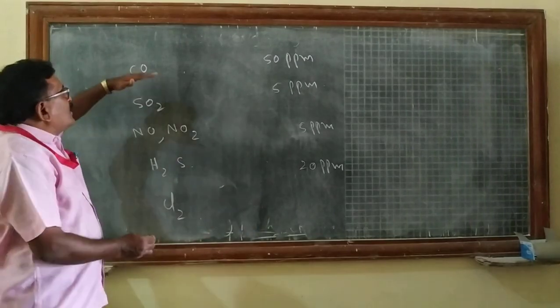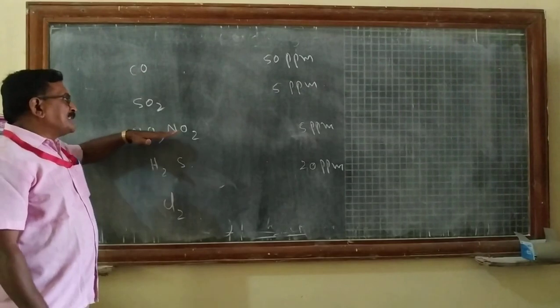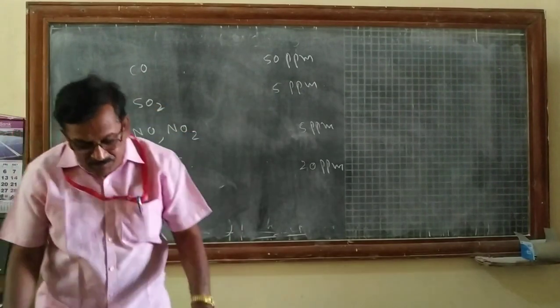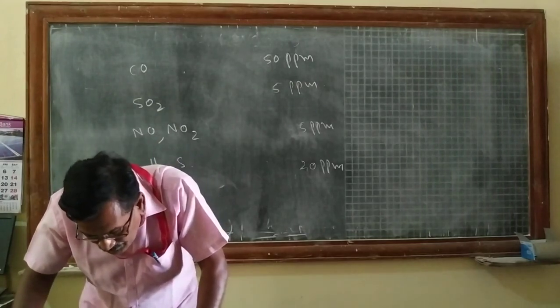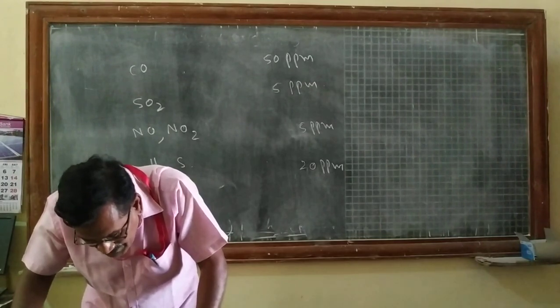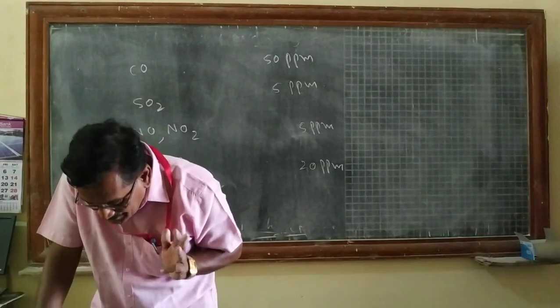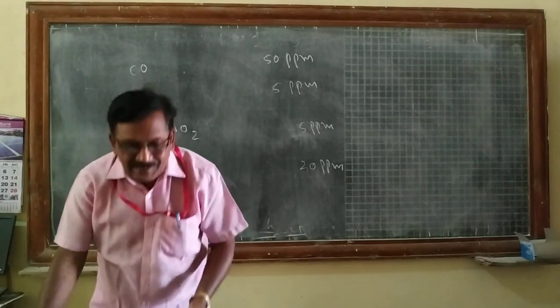So the first is carbon monoxide, the next is hydrogen sulfide at 20 ppm, the next nitric oxide and nitrogen dioxide at 5 ppm, sulfur dioxide at 5 ppm, and the next is chlorine. Industrial units producing paper, plastic and chlorinated hydrocarbons, dyes industries, as well as chlorochemicals.